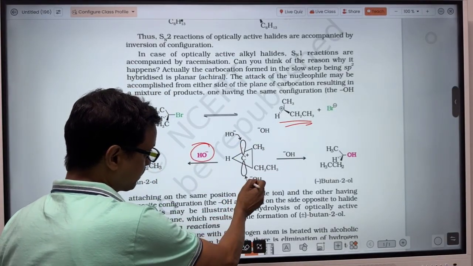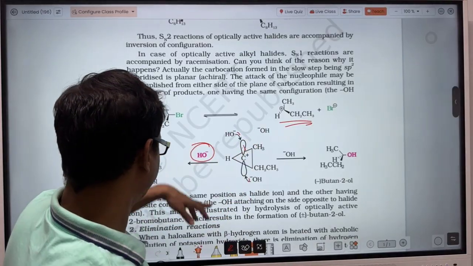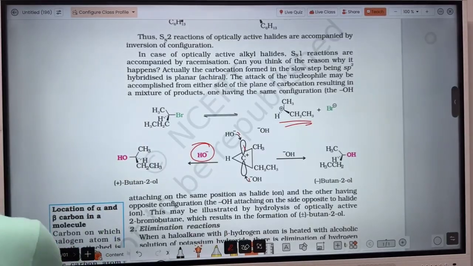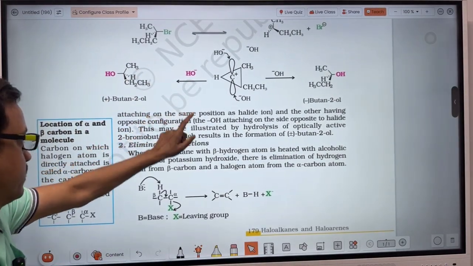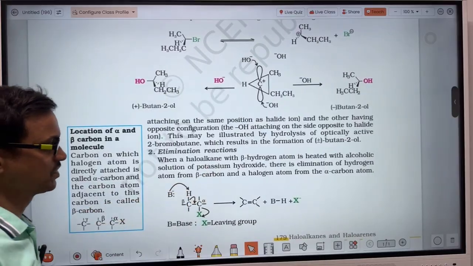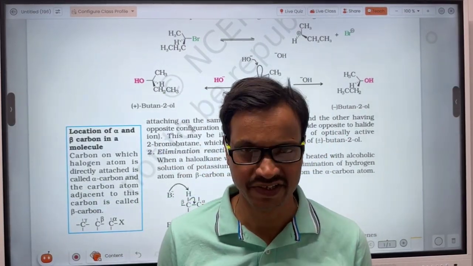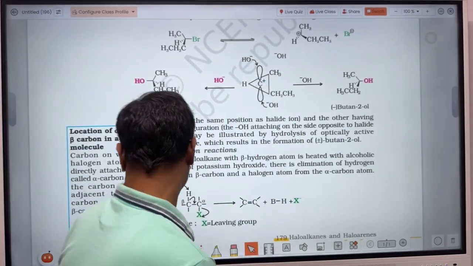This is above the plane, this is below the plane. If the OH minus ion comes from above, or comes from below, that has been shown here. So based on the direction in which the nucleophile approaches the alpha carbon atom, there will be inversion of configuration as well as retention of configuration.